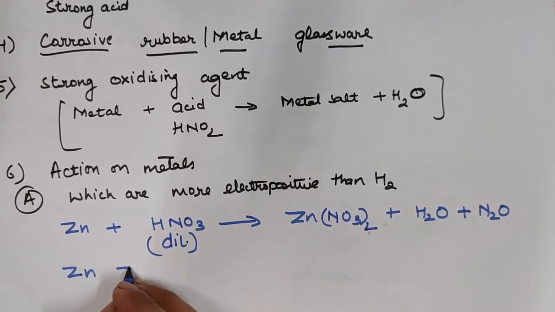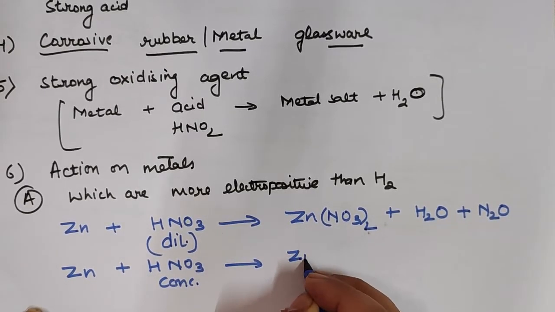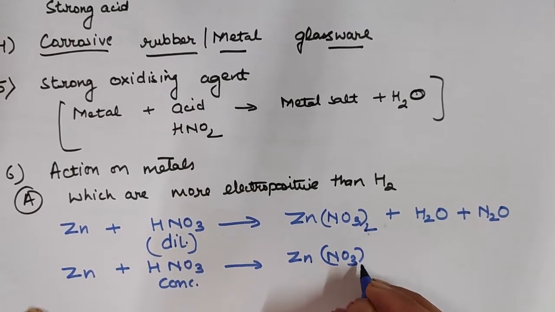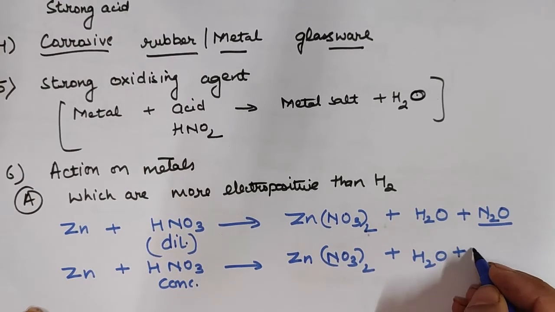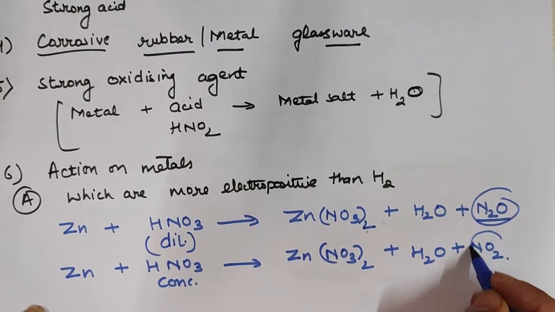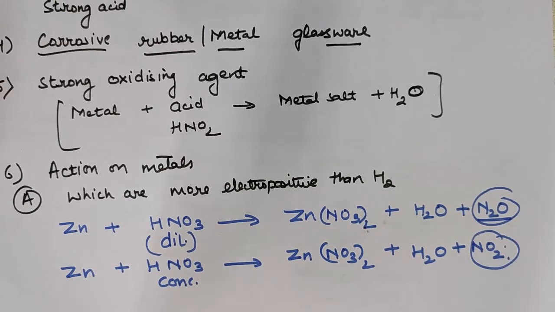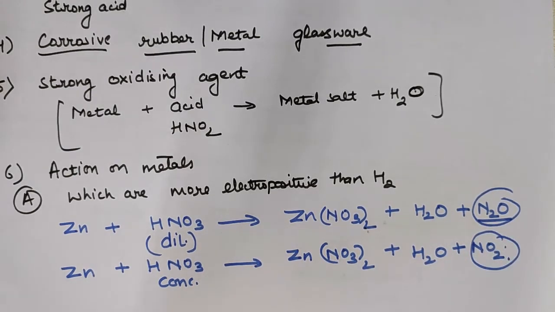Also, instead of dilute, if you take concentrated nitric acid, again the salt will be there and water will be there, but instead of N2O we get NO2. So this thing you need to remember. This is a strong oxidizing agent, so hydrogen gets converted into water here, and apart from this we get N2O and NO2 also.